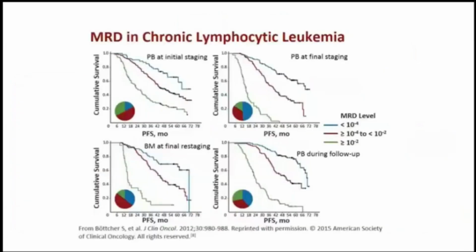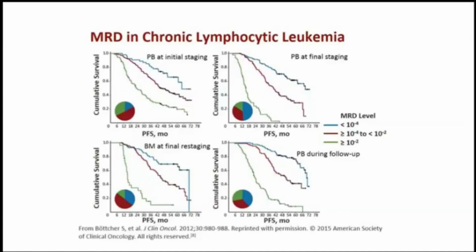Next. When it comes to chronic lymphocytic leukemia, again MRD is one of the important things. You can see that the molecular MRD has been done, and patients who have less than 10⁻⁴ MRD have the best survival in CLL as compared to the patients who have a positive MRD.